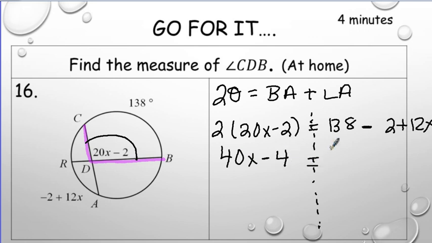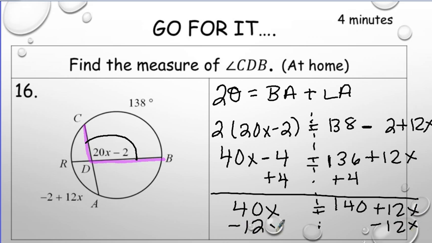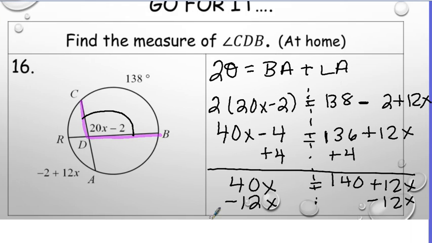We're using distributive property. I'm going to go ahead and combine like terms. 136 plus 12x. Constants go on the right side. So I'm going to plus this constant and get it back on the side it belongs on. So this is 140 plus 12x. And then this constant is on the wrong side. So I'm going to minus it to get it back on the appropriate side.